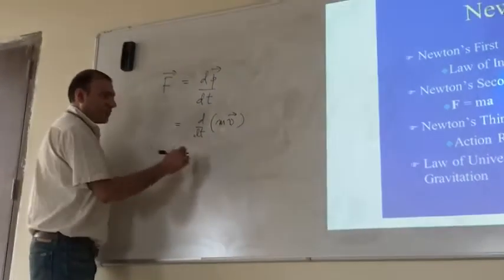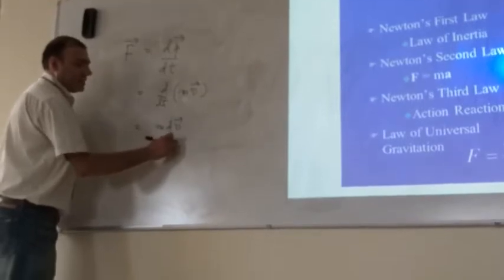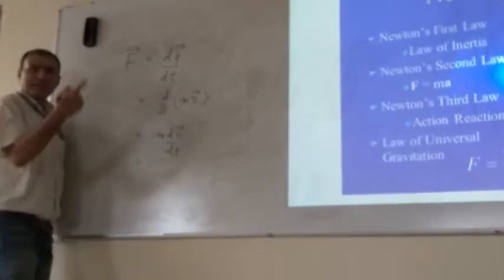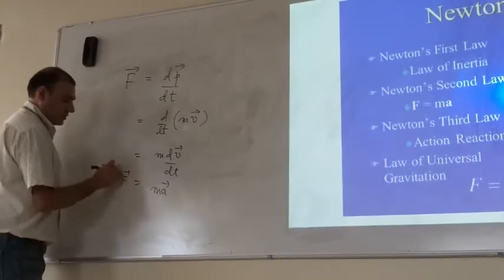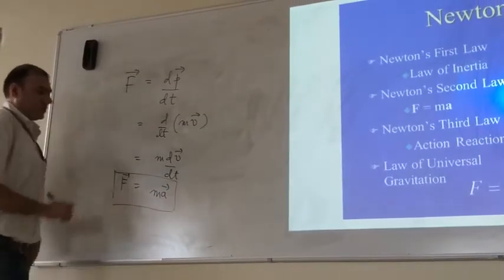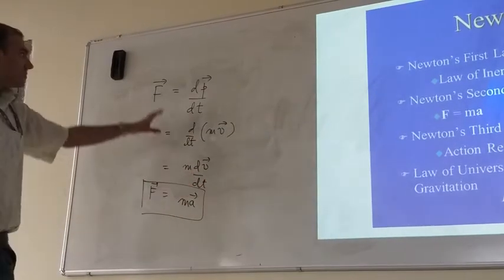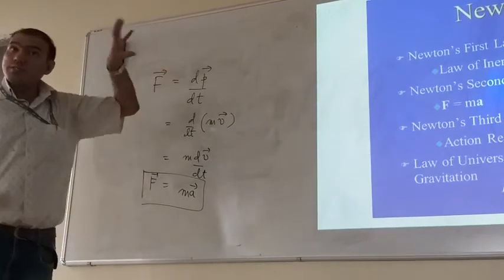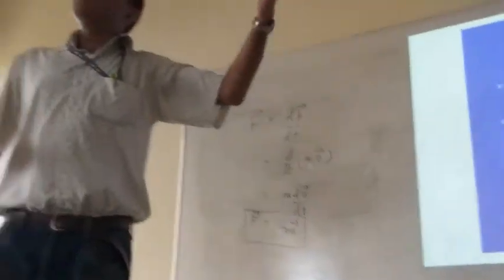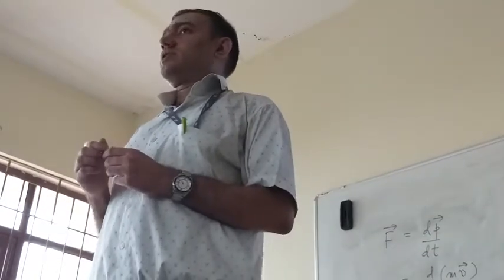So provided you have mass constant, then you write m dv/dt, and dv/dt is nothing but the acceleration. So then this is true. So this we popularly write as Newton's second law, but this is the origin. To be precise and correct, force is the rate of change of momentum, and not just mass times acceleration.